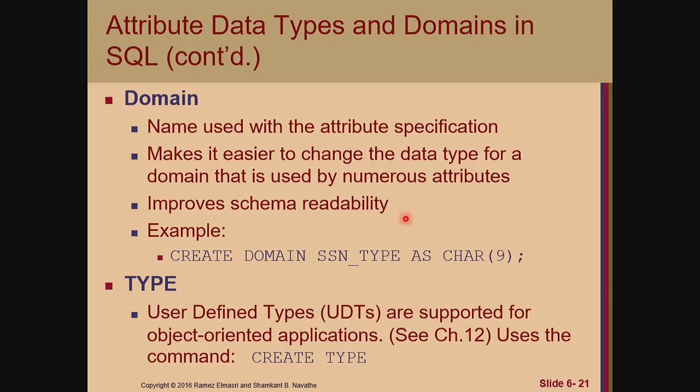For example, you define SSN type, and SSN is used in several places in the database, and you don't want to set up the details for this data several times. You just set up the domain SSN as character with maximum length 9, and you use this domain to identify the data type. That's fine, but you have to create the domain at first.